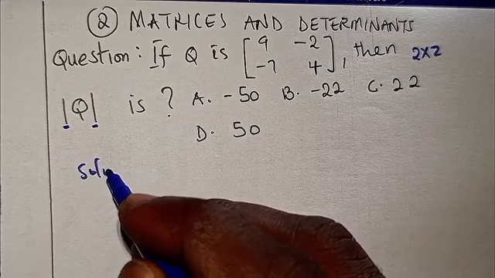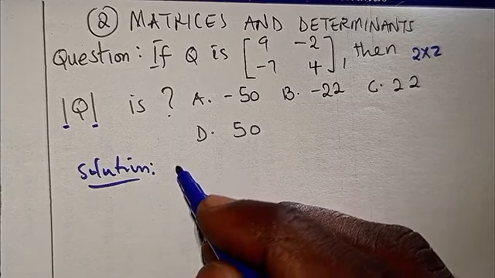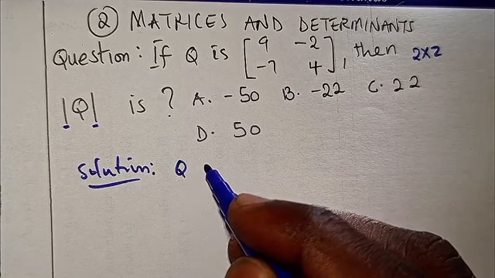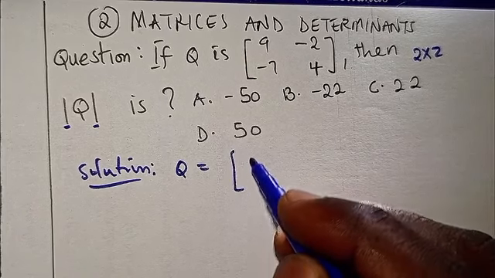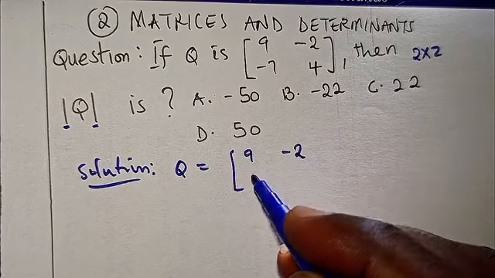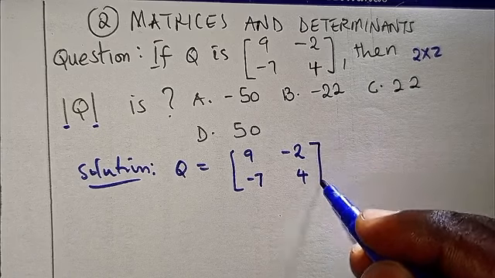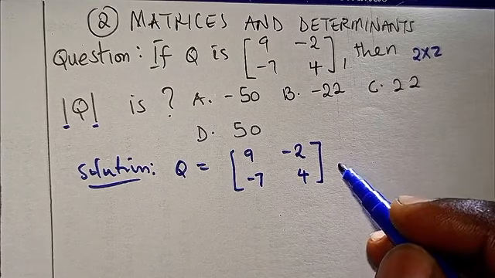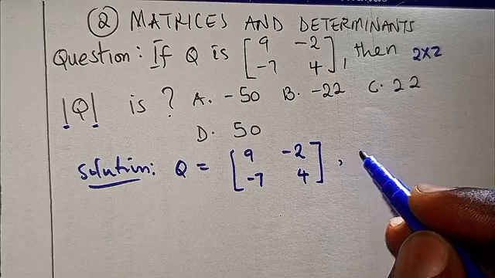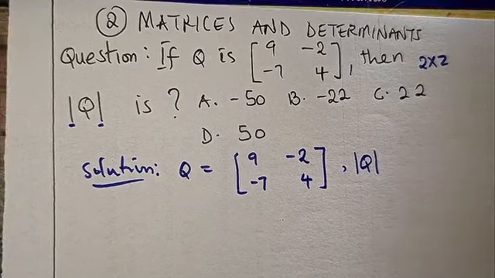So now, solution. Let me rewrite the Q to be 9, minus 2, minus 7 and 4. So what would be the determinant of Q?